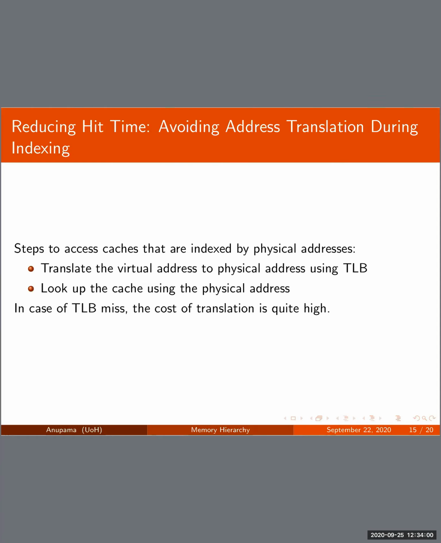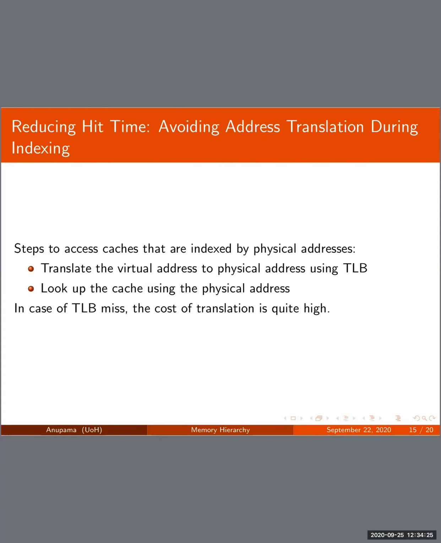The memory management unit translates it from the virtual address to the physical address, and then puts the physical address on the address lines to the main memory or the cache. Okay. So the physical address is what we are using to access main memory or cache.